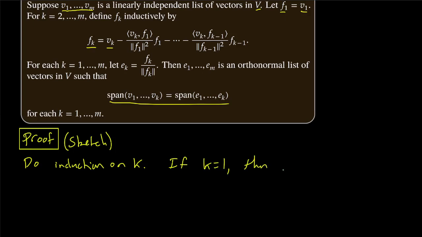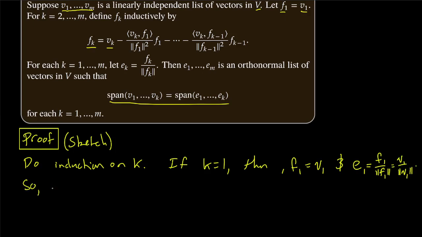If k equals 1, then f1 equals v1, and e1 is f1 over norm f1, which is just equal to v1 over norm v1.